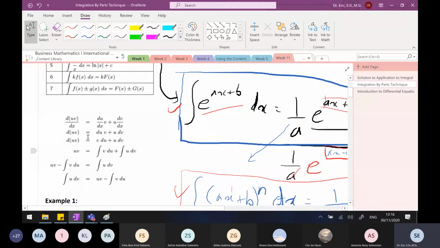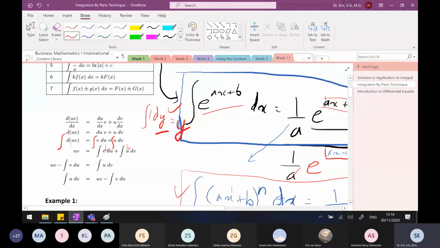Why? Because I want to integrate this. I want to integrate both the left-hand side and the right-hand side. So it will give you this, and what about this one? Integral of dy is 1. What function has the derivative 1? x, but the variable is y, so it should be y.